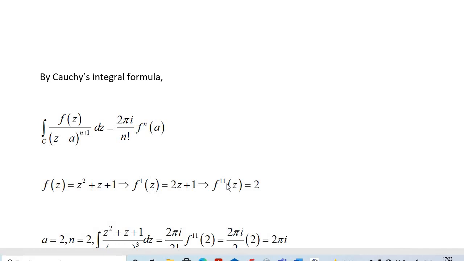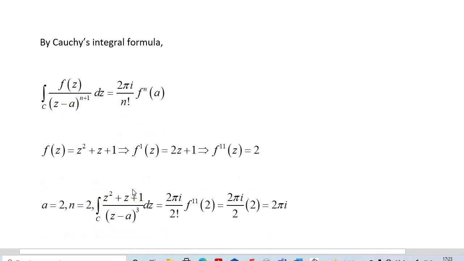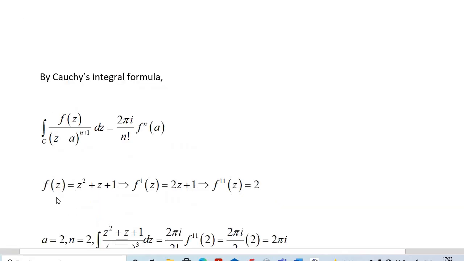For that we find out f double dash of z. Here a is 2, that's why we find out f double dash of 2. This is our f of z, z square plus z plus 1. f dash of z is the differentiation of this, that is 2z plus 1. f double dash of z means differentiation of this, that is 2.